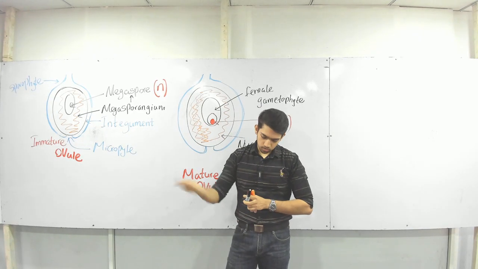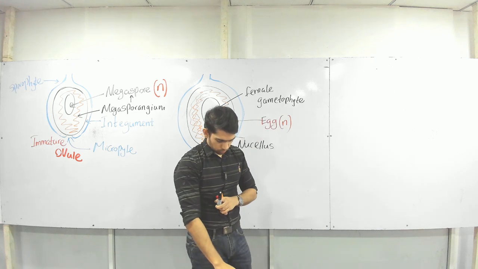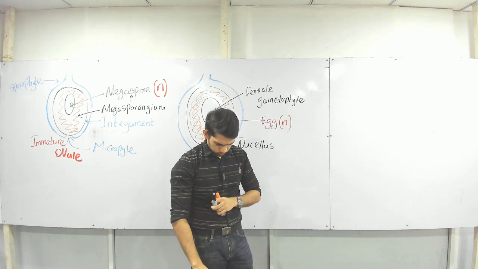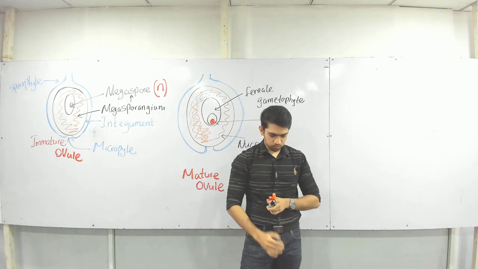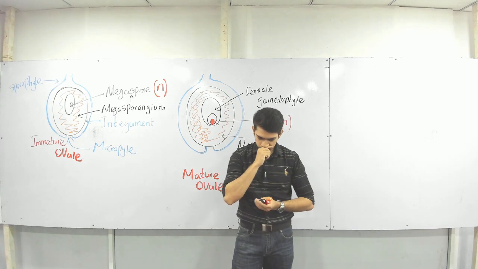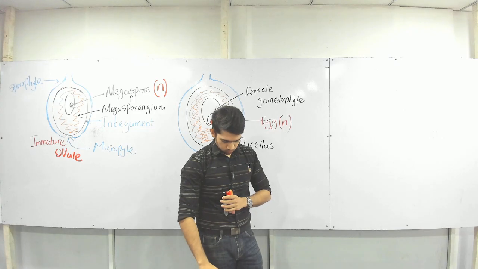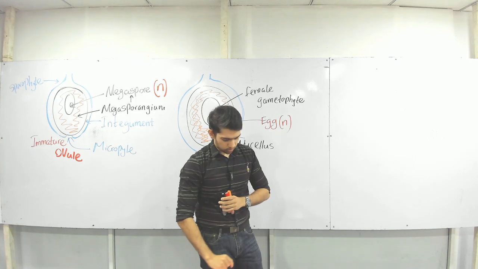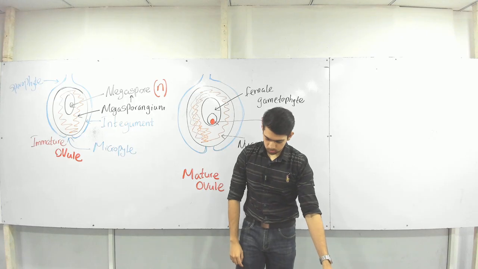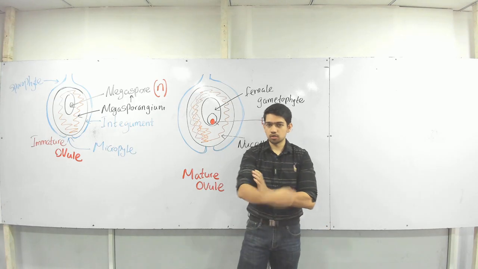Okay, right. Come back to the resource. So we are on page number 92, right? You can see significant features of seed plants.